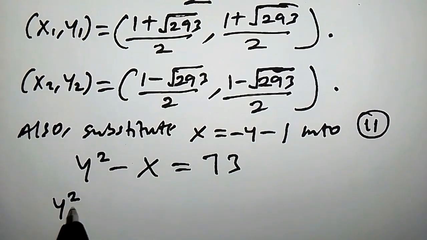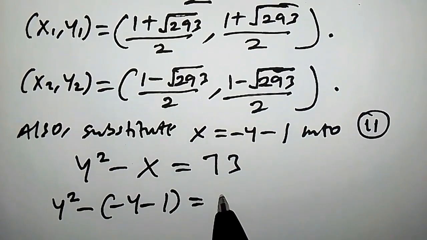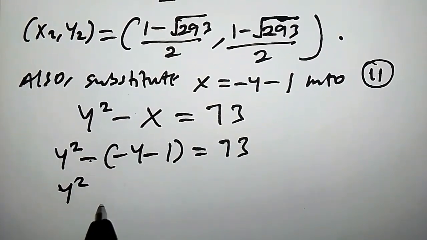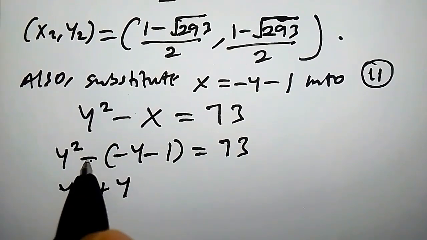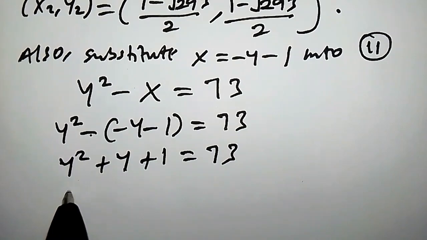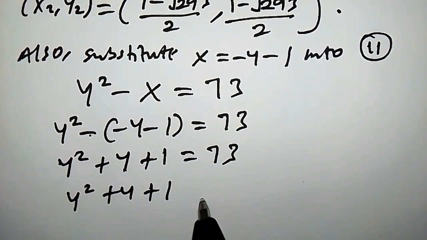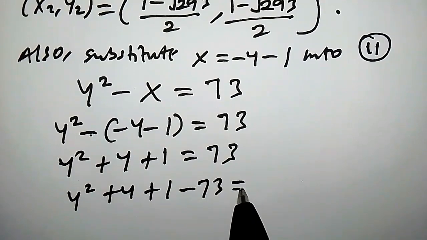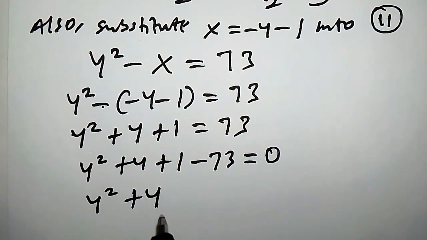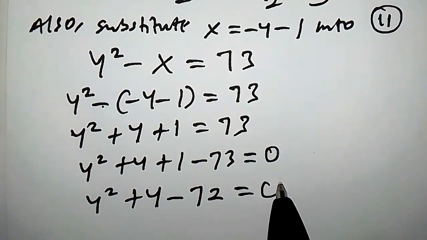So we have y square minus (minus y minus 1) equal to 73. Y square, minus times minus y, that is plus y, minus times minus 1, that is plus 1, equal to 73. Y square plus y plus 1, when 73 comes here, we have minus 73 equal to 0. So y square plus y, 1 minus 73, that is minus 72, equal to 0.